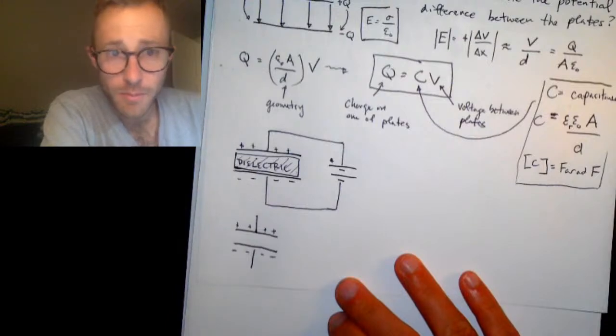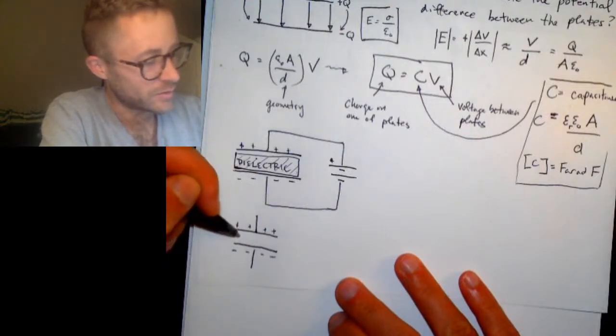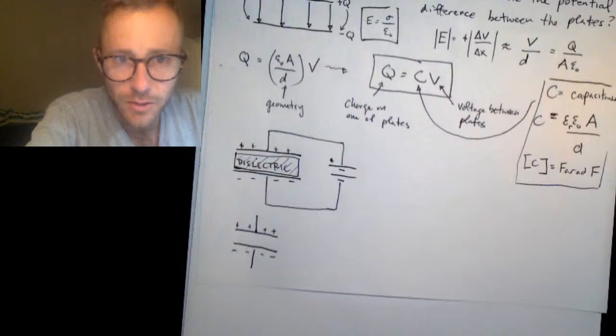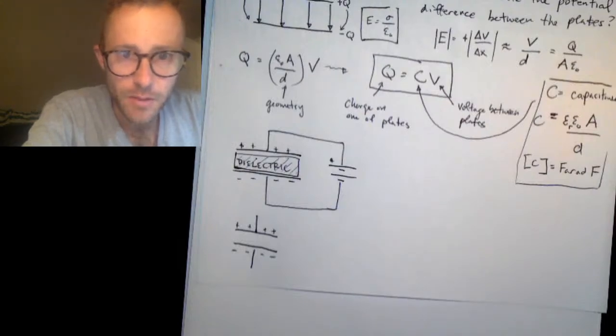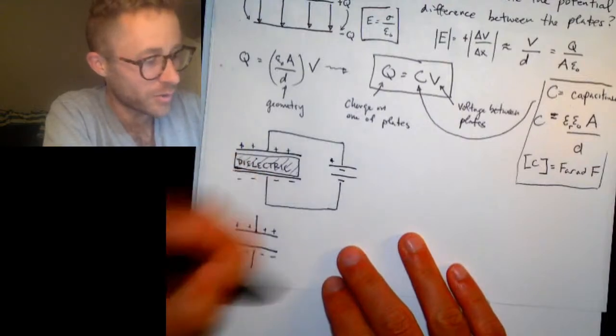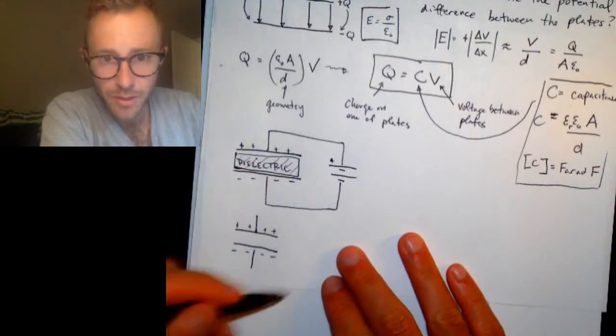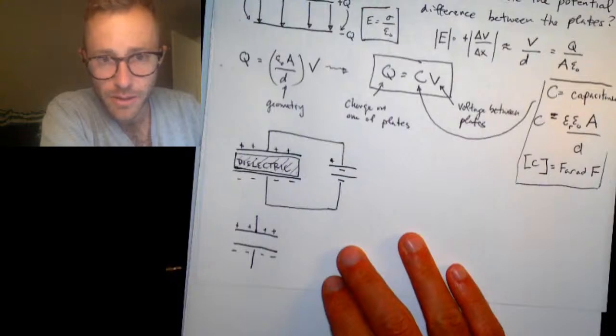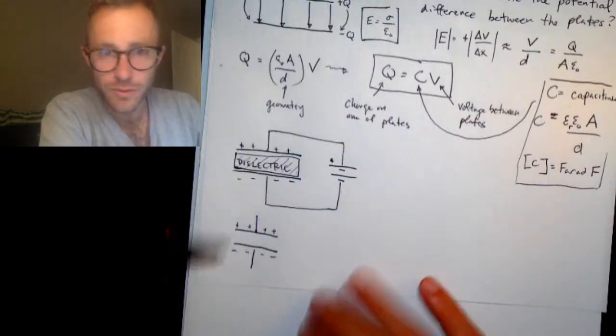Okay? Why? Because the space between the capacitor plates is insulating, so the charge can't jump between the plates, and it can't go around the other way because that pathway is no longer there. So the charges are just kind of stuck.